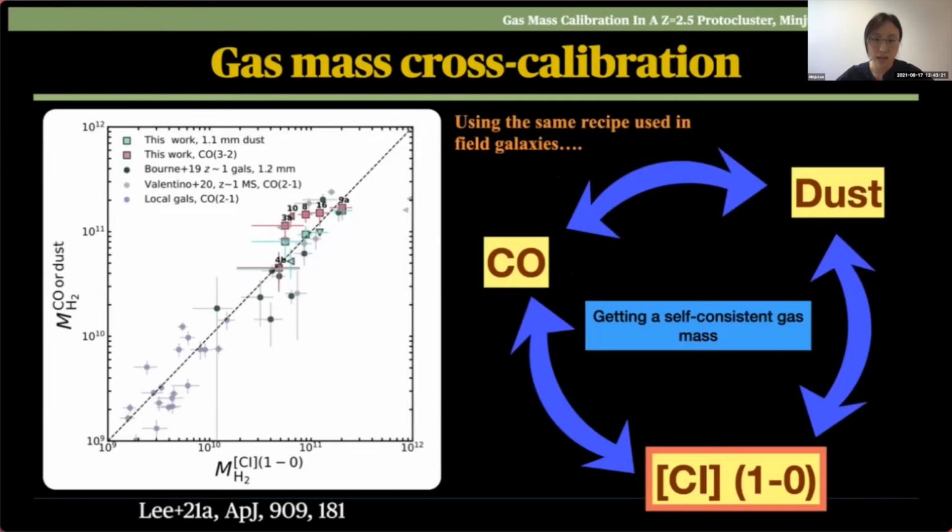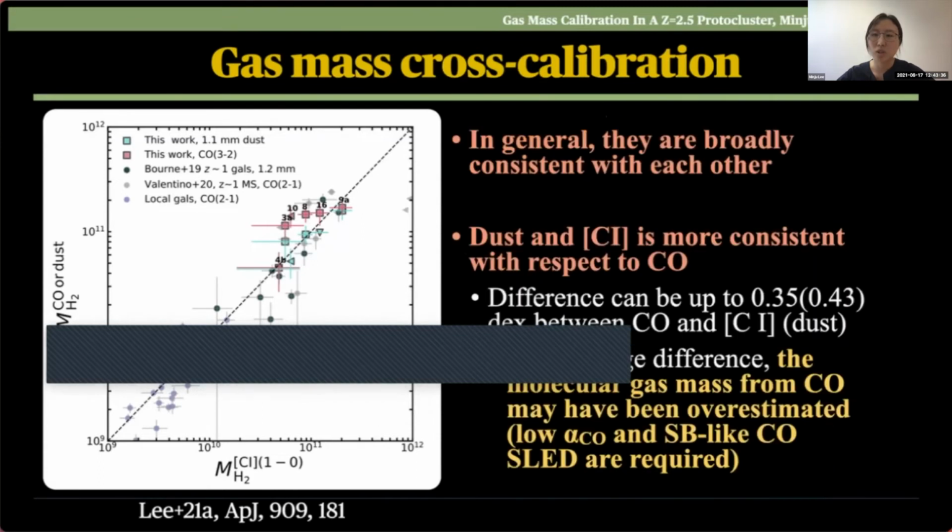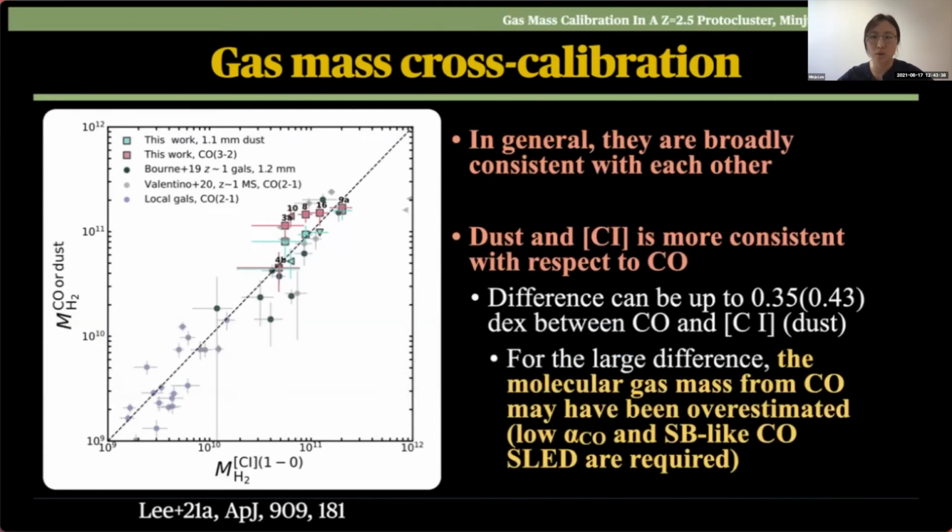On the vertical axis, we show the CO and dust-based measurement, and the horizontal axis is the [CI]-based measurement. The dashed line is the one-to-one relation. So in general, they are broadly consistent with each other.